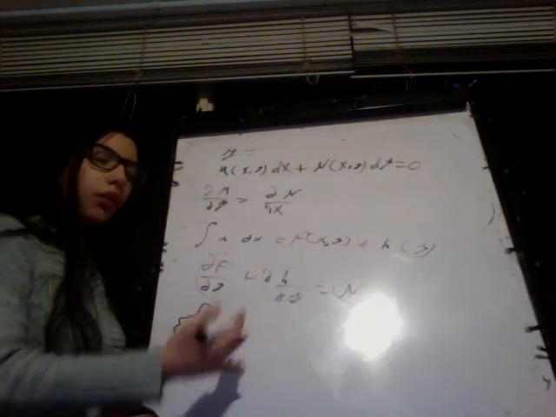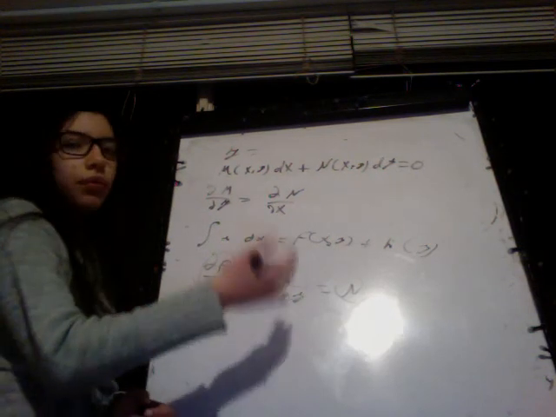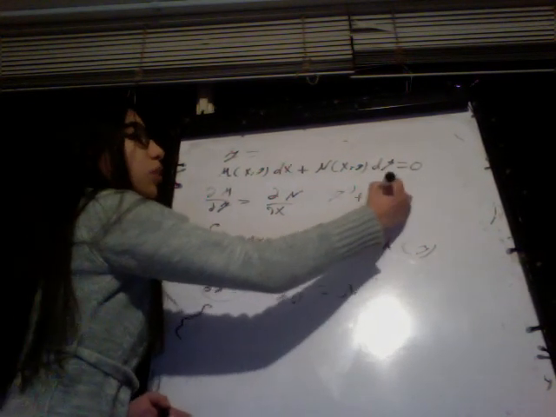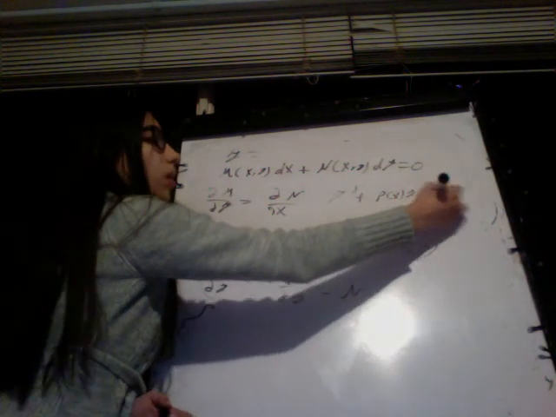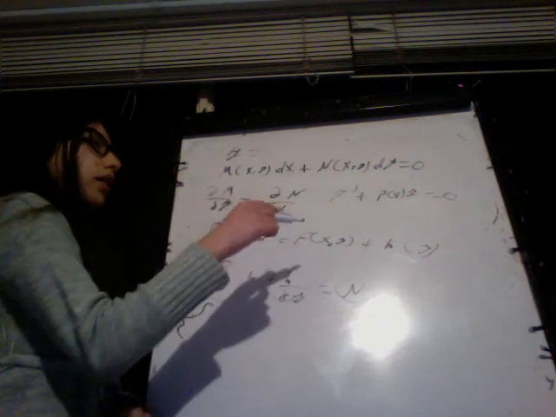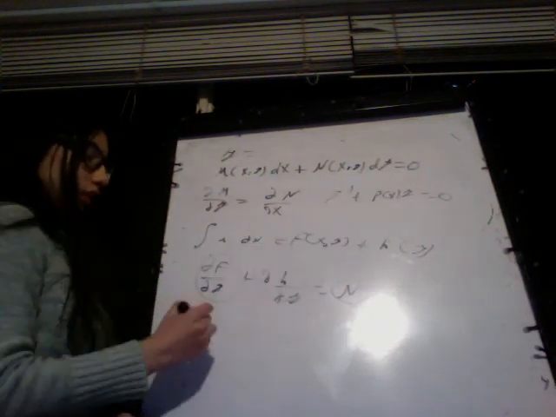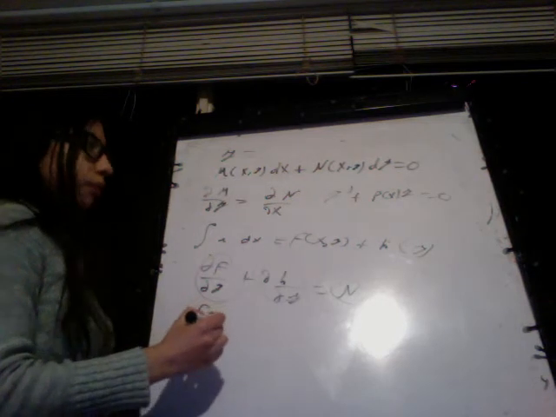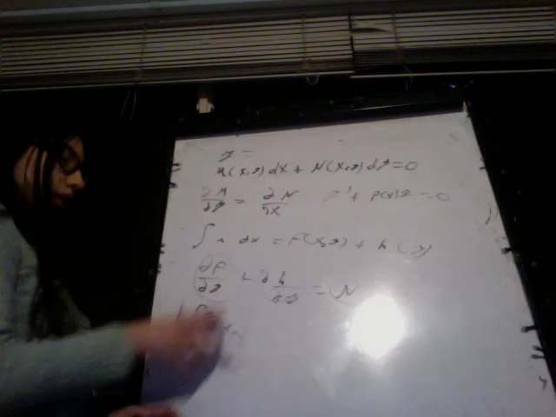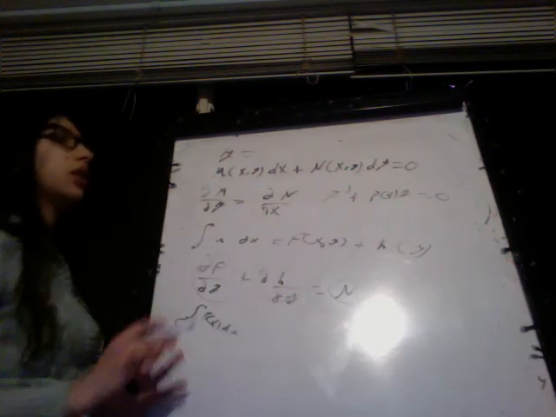If you have a first order simple linear differential equation, let's say y prime plus p of x times y equals 0, in order to make it homogeneous, the integrating factor would be e to the integral of the function p of x dx. Then you multiply everything times this e to the integral, you put it here, and then it will be exact.